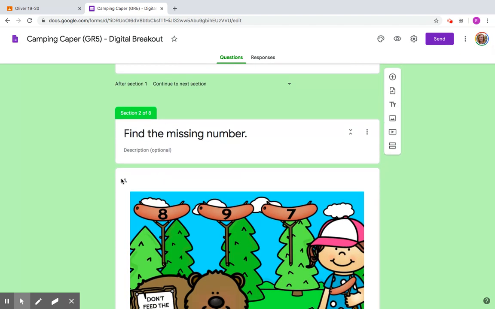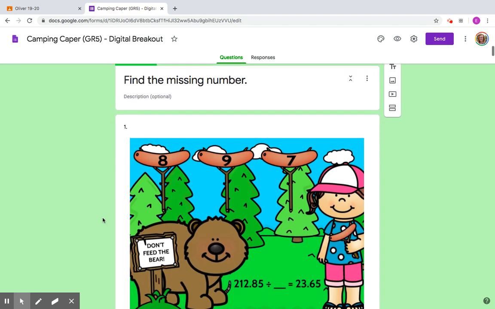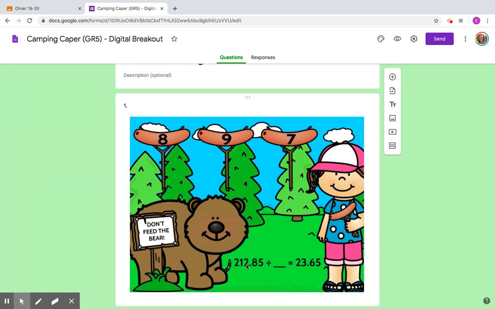So in this first clue, you have to find the missing number. You have to divide 212 and 85 hundredths by 23 and 65 hundredths to figure out the missing number. Now they give you some options. So you can divide by 7, divide by 9, or divide by 8.